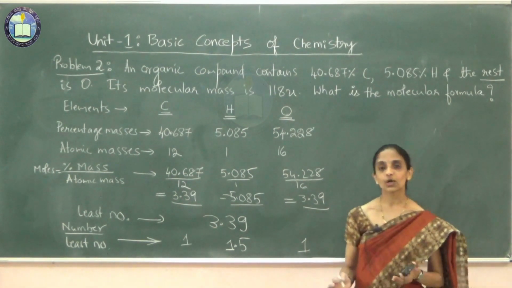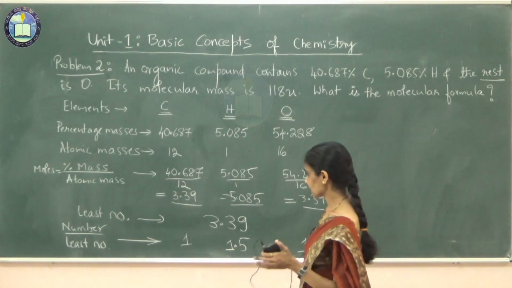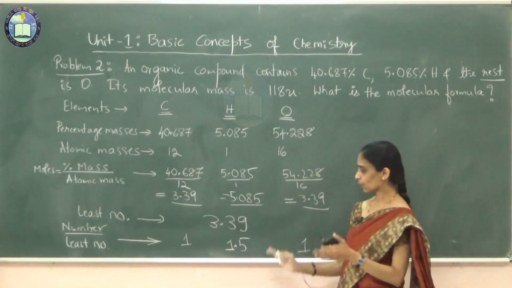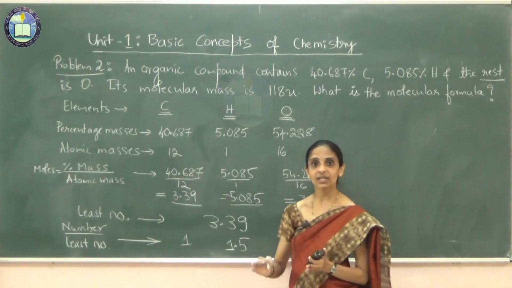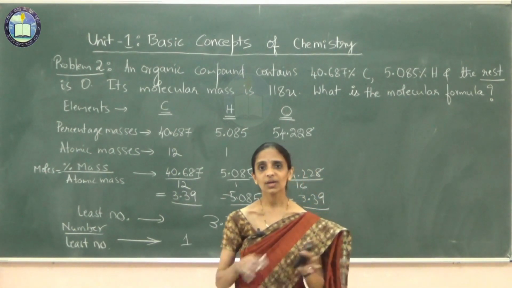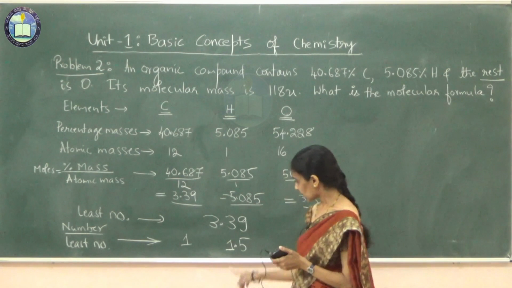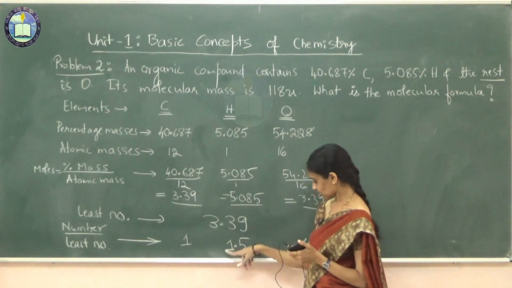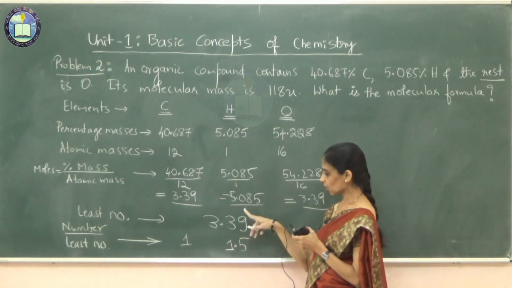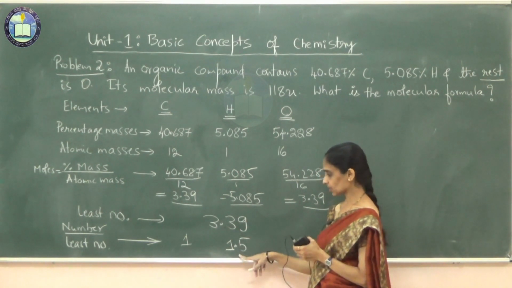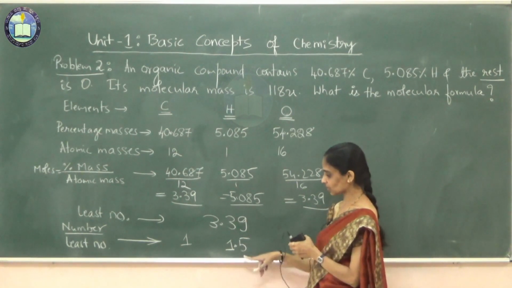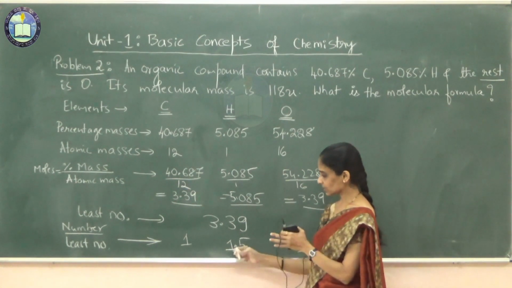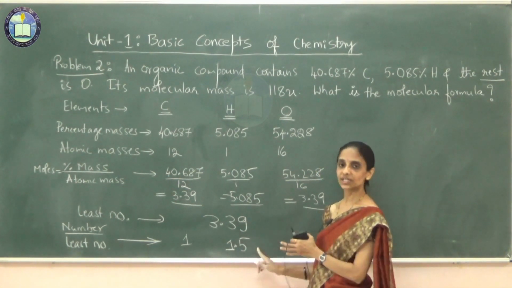In the previous problem, I told you that in this step, if you don't end up with integers, then make them integers by rounding off. But here, there is a situation wherein you cannot round off the number to an integer, because this particular number is exactly in the middle of two integers.